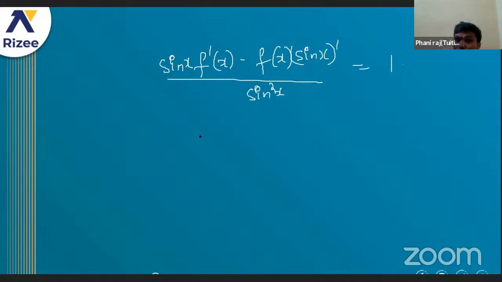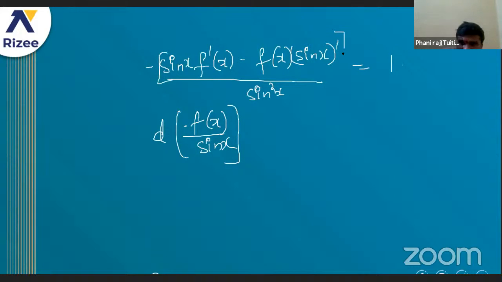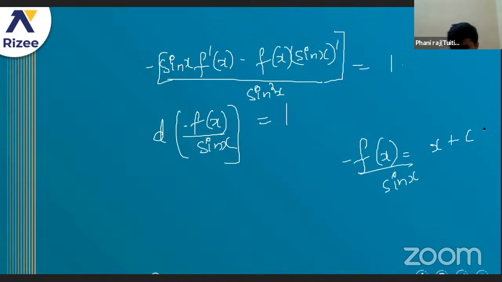But this is in the form of a quotient of a function. So that is the derivative of f of x by sin x equal to 1. So now if you integrate, you get f of x by sin x equal to x plus c. Just to determine the constant, they have given you a condition, f of pi by 6 equal to minus pi by 12.